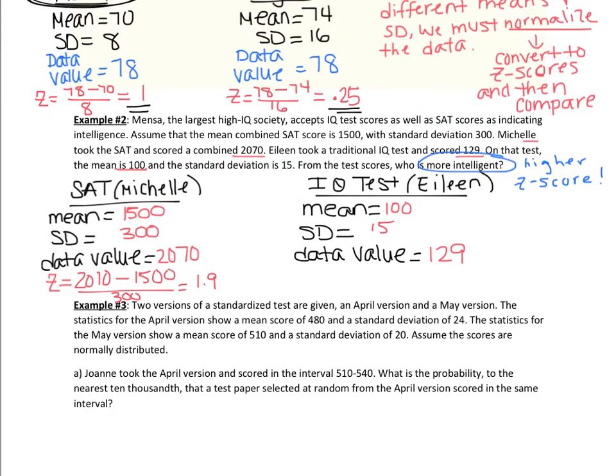For the IQ test score, we're going to change her data value of 129 to a z-score. So 129 minus the mean, 100, over 15. If you put that into the calculator, you should get 1.93. So they're very close, but Eileen wins. So who is more intelligent? The answer is Eileen.